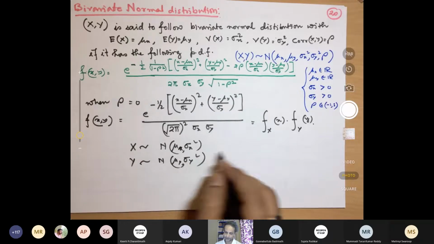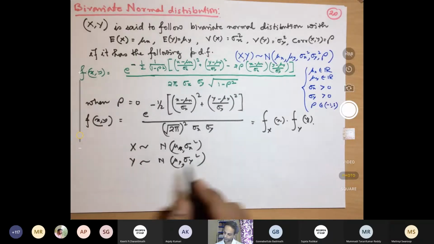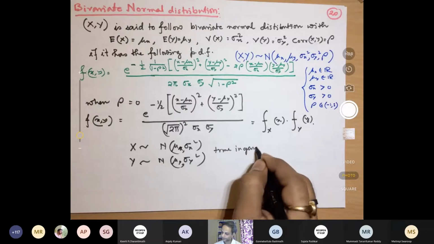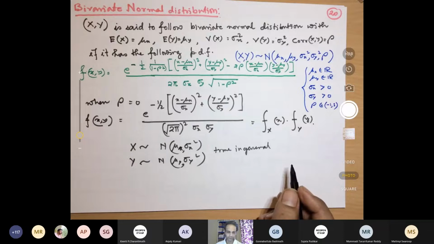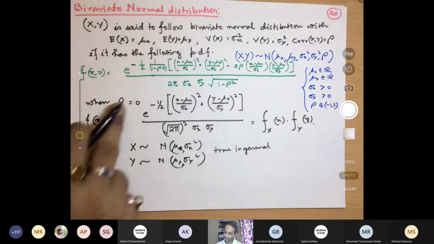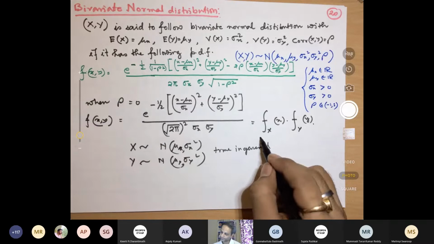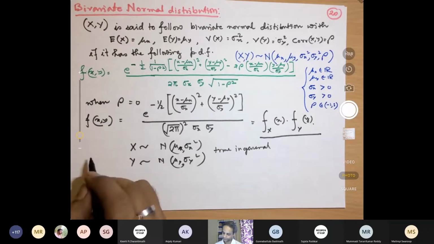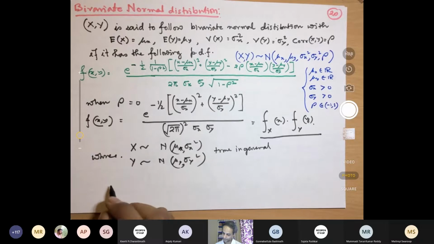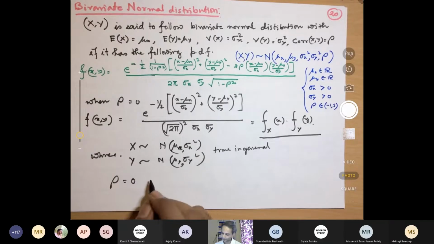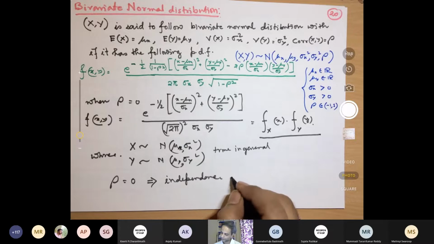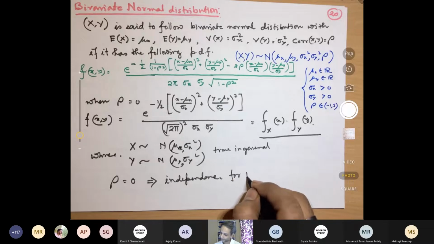Marginals are normal in general, whatever may be the value of rho, but the product form is true when rho equals 0. So rho equals 0 will imply independence for bivariate normal.